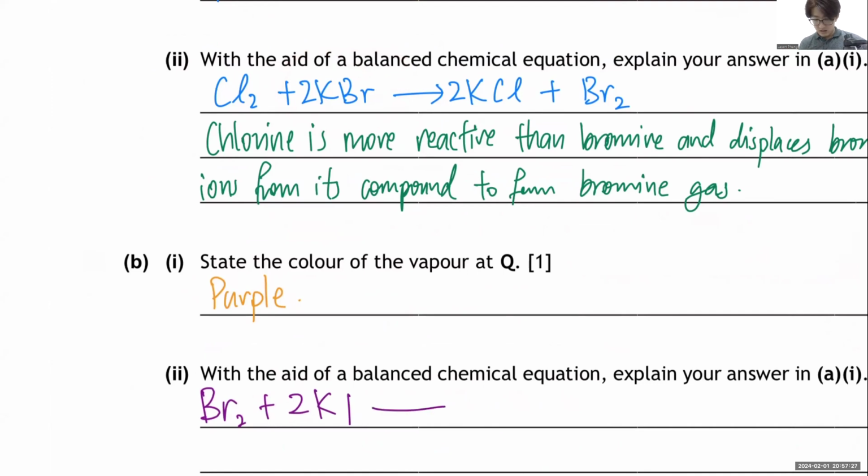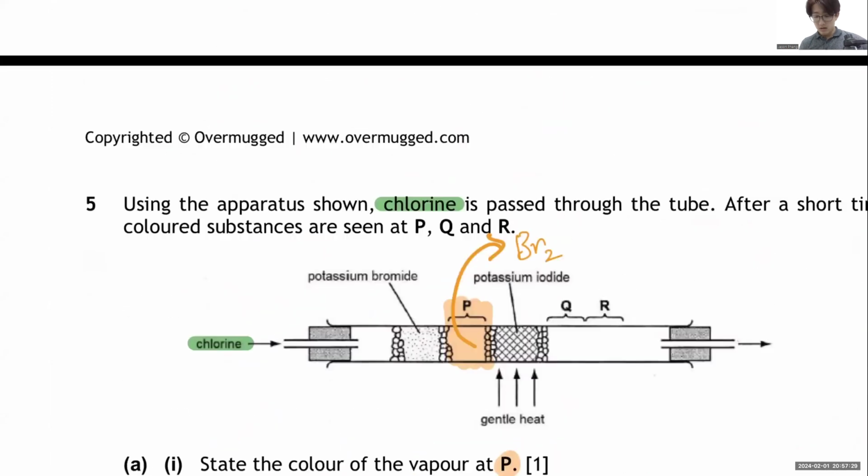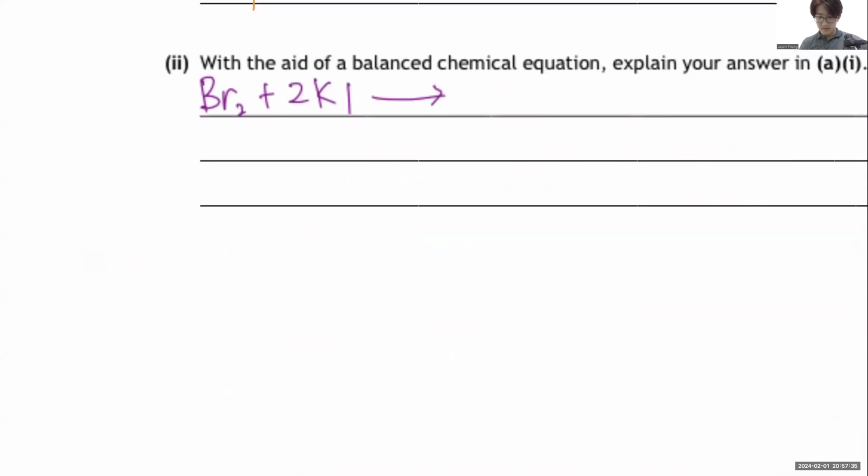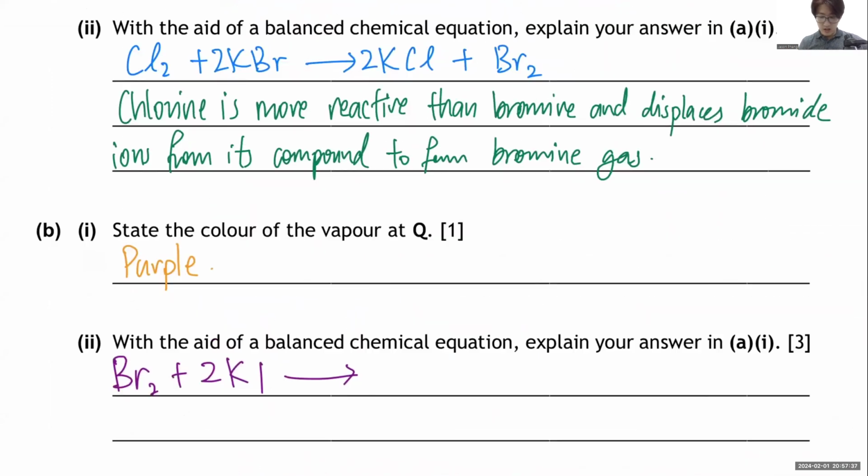Let's see that. No more what? The Cl goes inside here already. Then continue your equation. They swap partners. Swap. Can you follow this? There's a reason why it's like that.